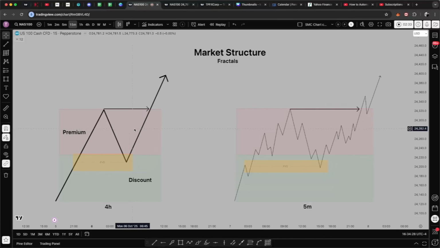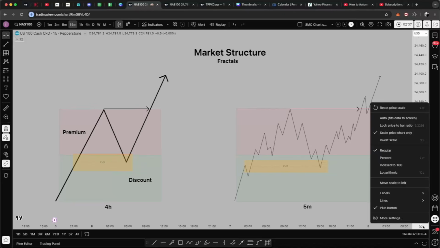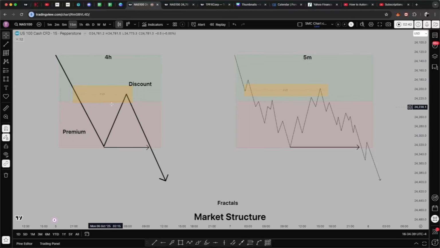So if we invert this, let's say we're looking for sales instead. If we invert the scale right here, this would be the premium zone and this would be discount. If you're trying to continue selling, you want to sell when price pulls back and enters a premium zone.